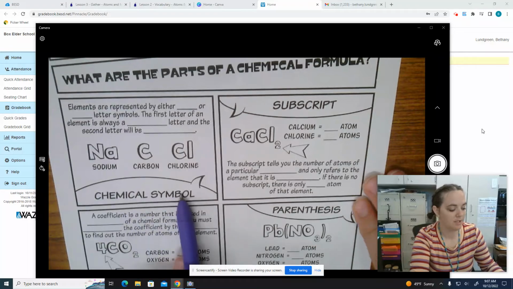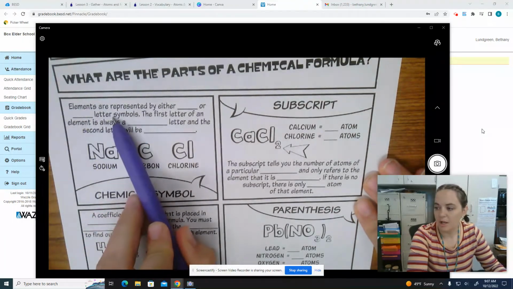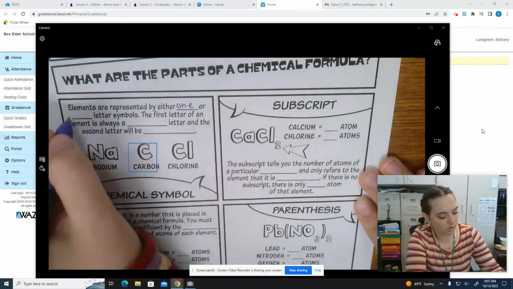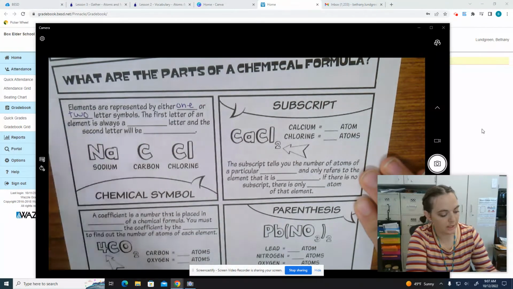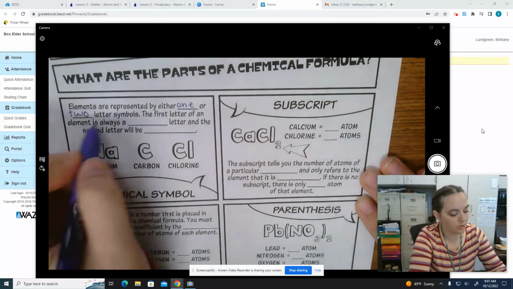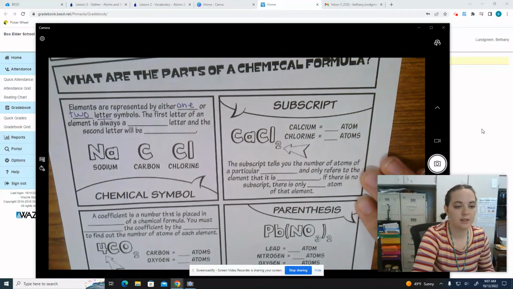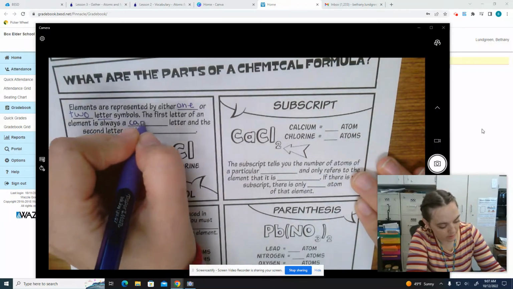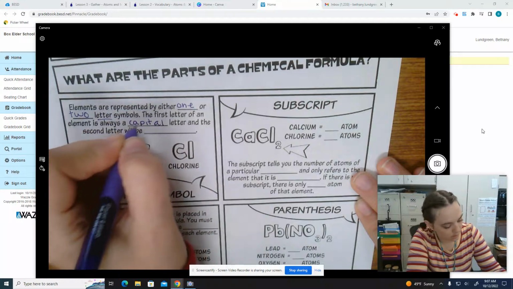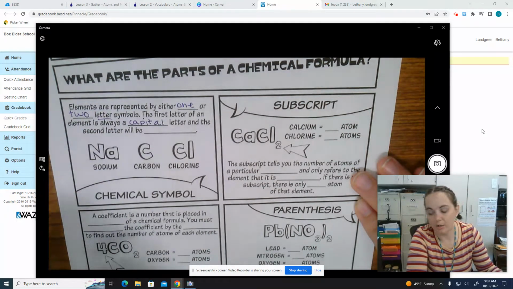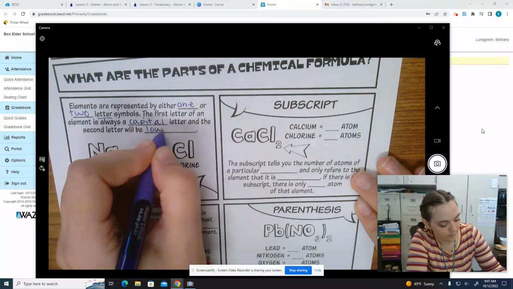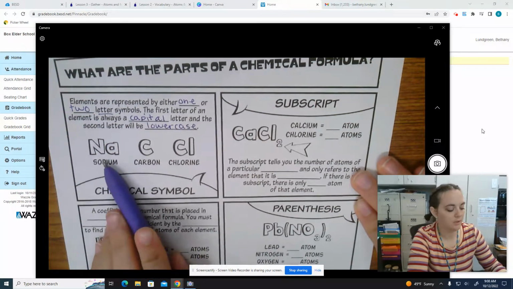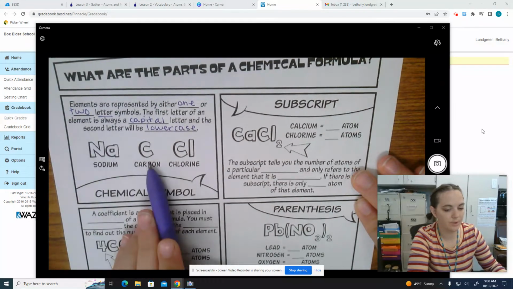Okay, the chemical symbol. Elements are represented by either 1 or 2 letter symbols. The first letter of an element is always a capital letter, and the second letter will be lowercase. So these are some examples of some chemical symbols.